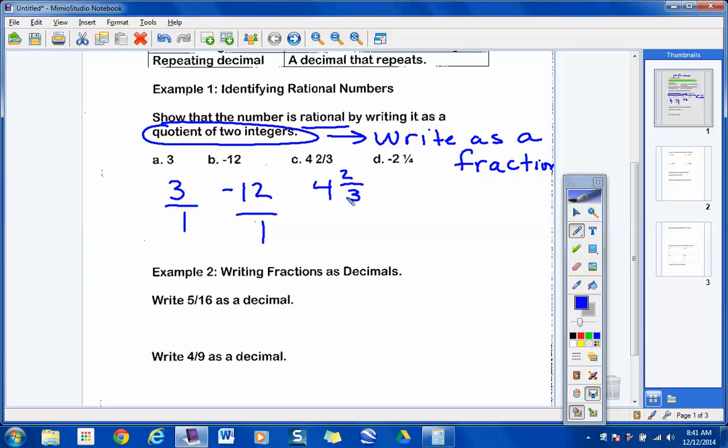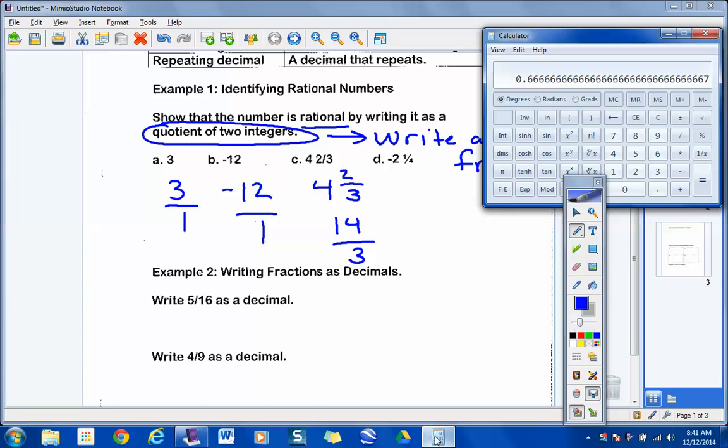So the denominator times the whole part, 3 times 4, and then add the 2. So I'm going to go 3 times 4, which is what value? 12 plus this numerator of 2 would be 14. And then what's the denominator going to be? 14 over 3.